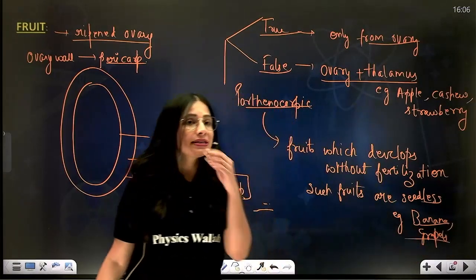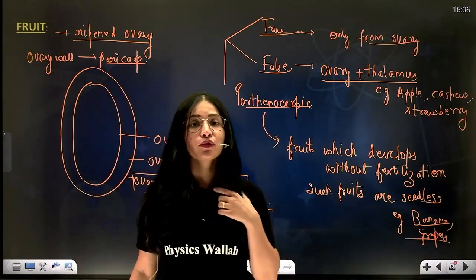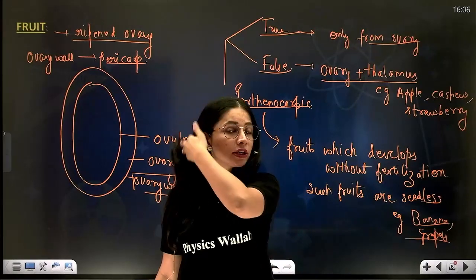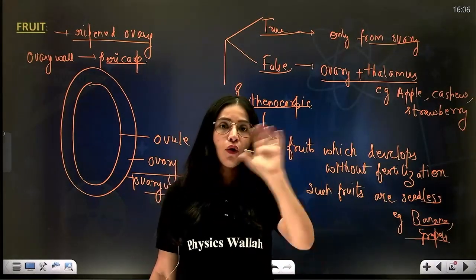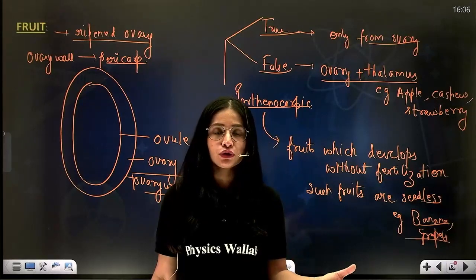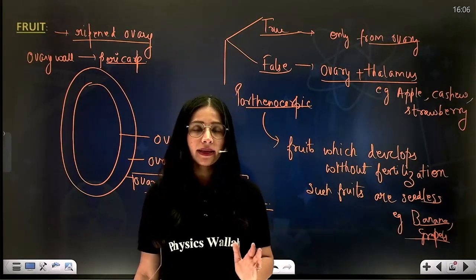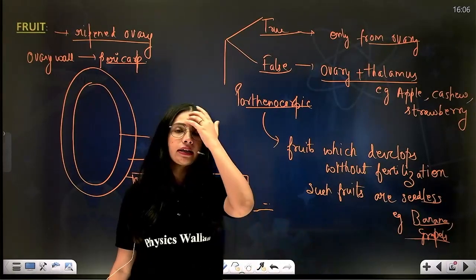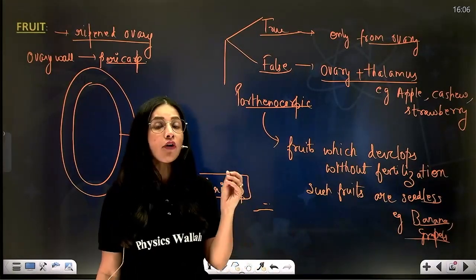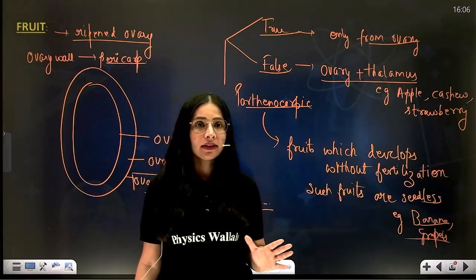These are basically parthenocarpic fruits where no ovule is transforming into seed, no zygote formation is taking place. It's only the ovary wall which is transforming into fruit wall. It's only ovary transforming into fruit. So they are going to be seedless, like you see in case of banana, you see in case of grapes. Right?